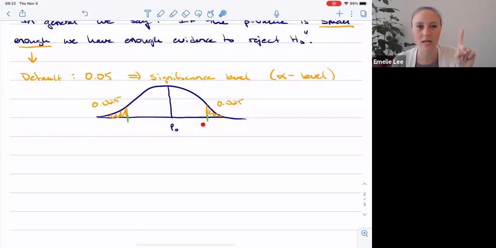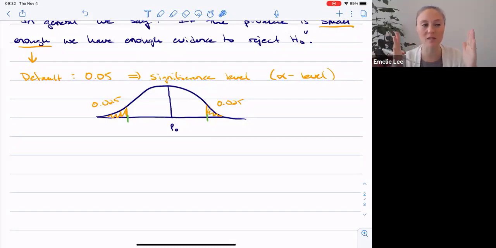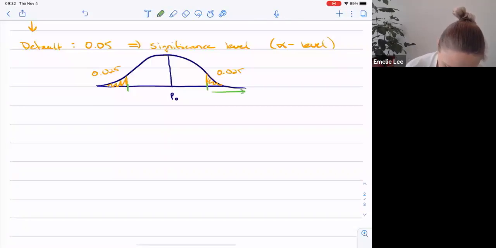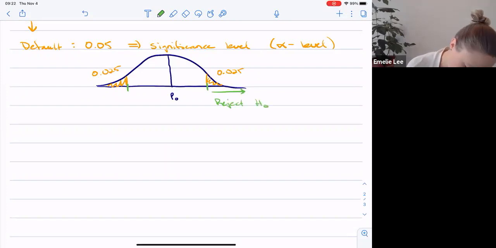I'm going to focus on just one way, but you might see some other ways floating around, where they say, the proportion that corresponds to 5% in the tail is this, and because our sample proportion is beyond that point, I have enough evidence to reject H naught. So here, I'm going to reject H naught. And here you're going to reject H naught.